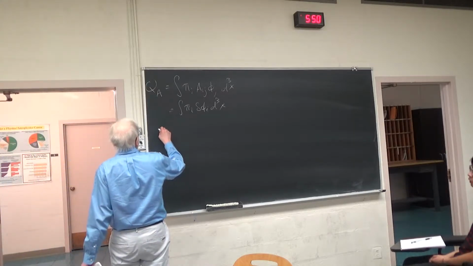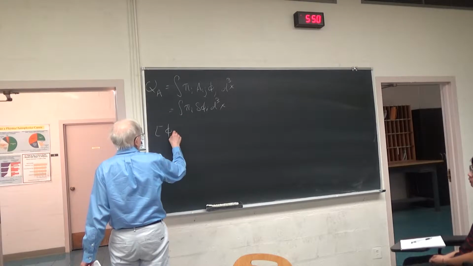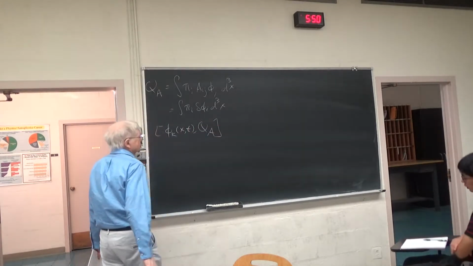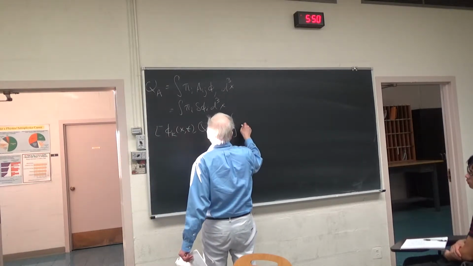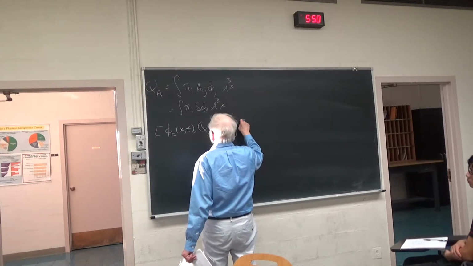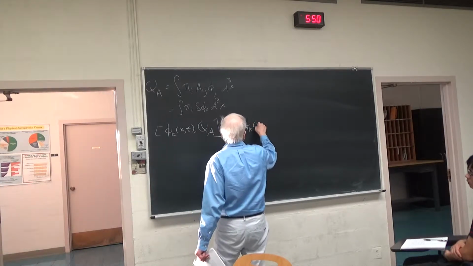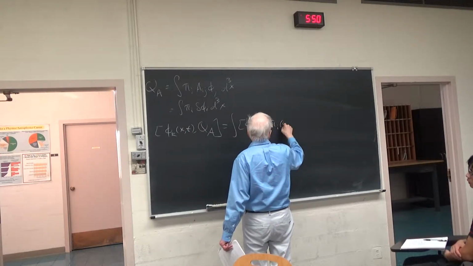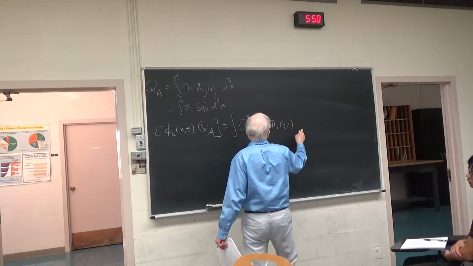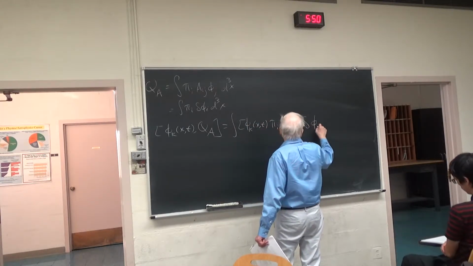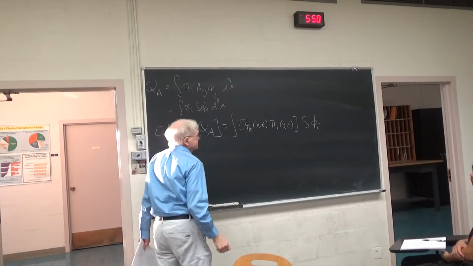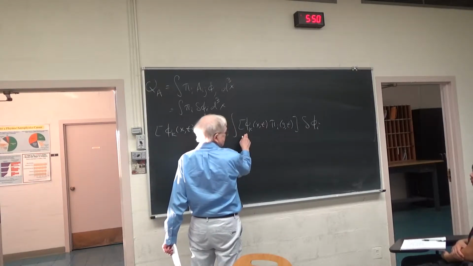So for example, if you have the commutator of the field phi_k of x and t, and you commute that with the charge Q_A, then you have an integral of the commutator of phi_k of x and t with pi_i of y, and at the same time delta phi_i, and the delta phi_i doesn't involve any pi's, so it commutes with phi.